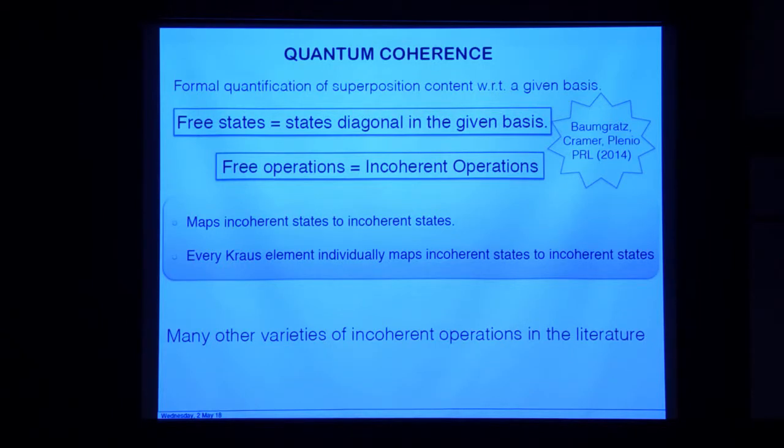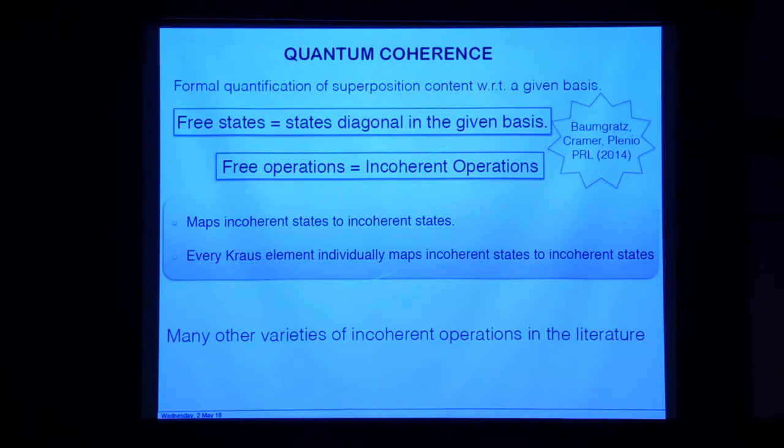And as you know, in any resource theory, you have to identify some free states and free operations. Free states are those which are diagonal in a given basis, and free operations are incoherent operations, and they will map incoherent states to incoherent states. Not only that, every Kraus element should individually map incoherent states to incoherent states.